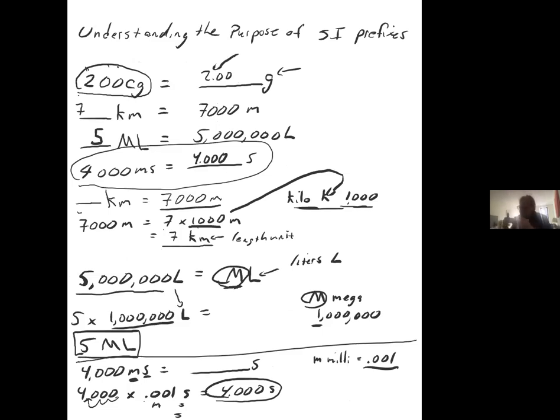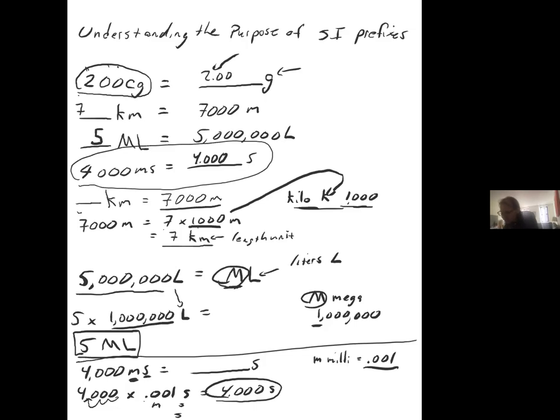That's essentially what we're looking for. So 200 became 2 if you're in centigrams versus grams. 7, if you're in kilometers, so for example, if you had 7 kilometers, that would be a big number of meters.